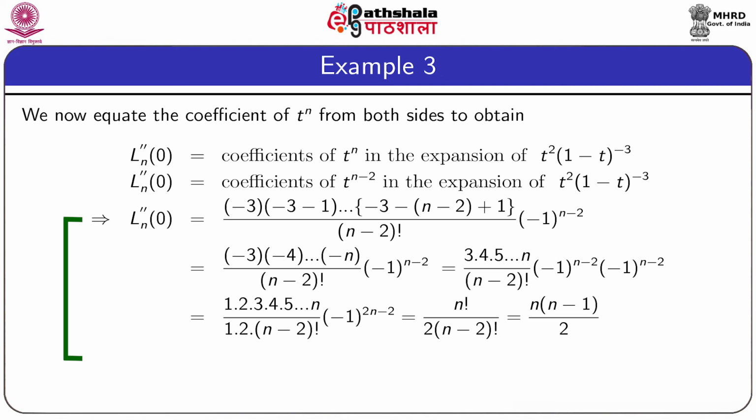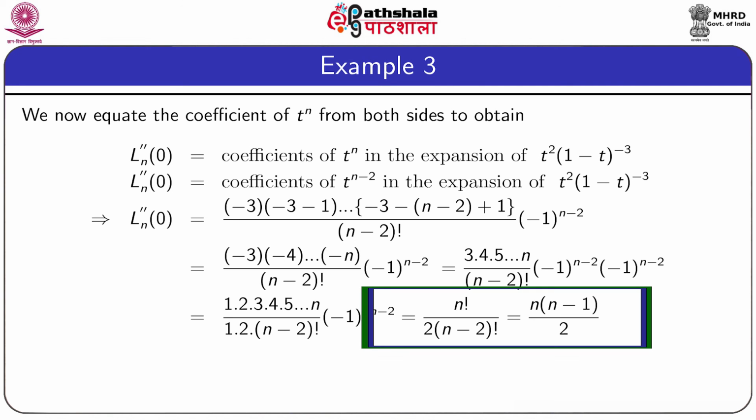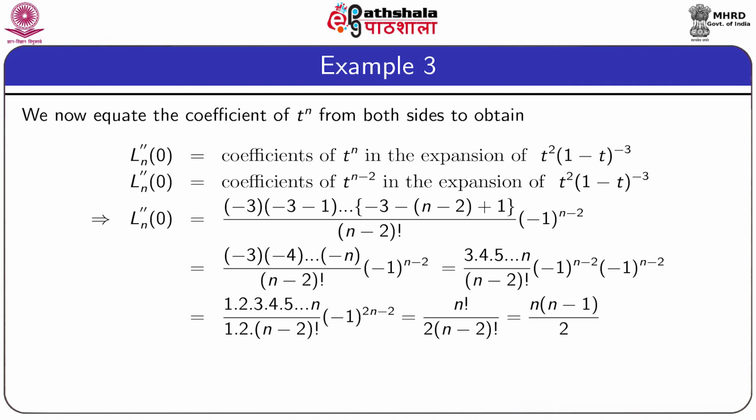And if you simplify this, you will be getting this is equal to n factorial divided by 2 into n minus 2 factorial, which is equal to n into n minus 1 by 2. And hence, we conclude that Ln double dash 0 is equal to n into n minus 1 divided by 2, which completes the proof of this particular problem.